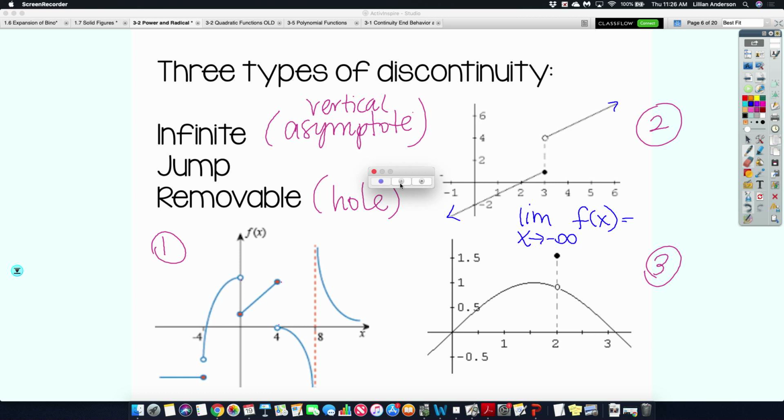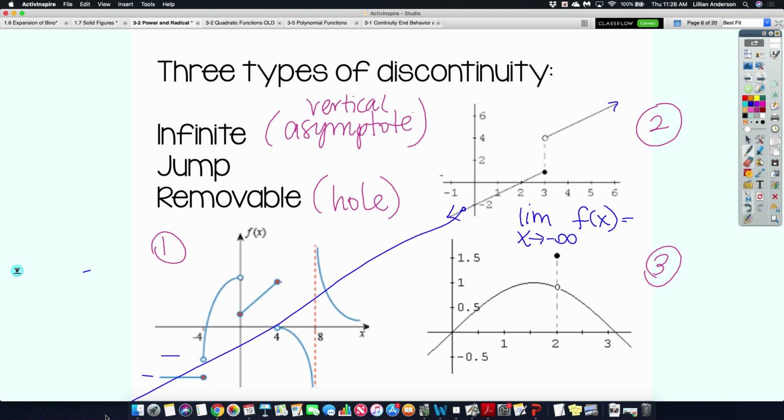What is the limit? So then we do have questions. As x gets closer to negative infinity, what's going to happen to this graph beyond that arrow? And what is the y value down there? That's your answer.